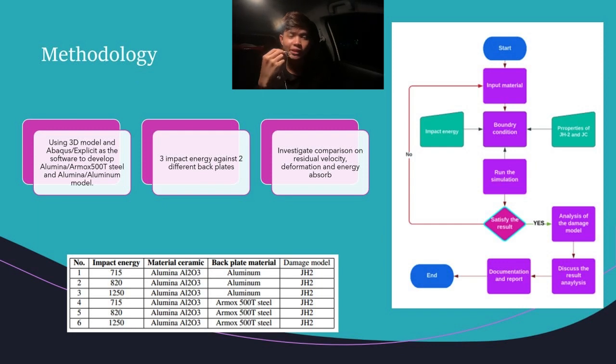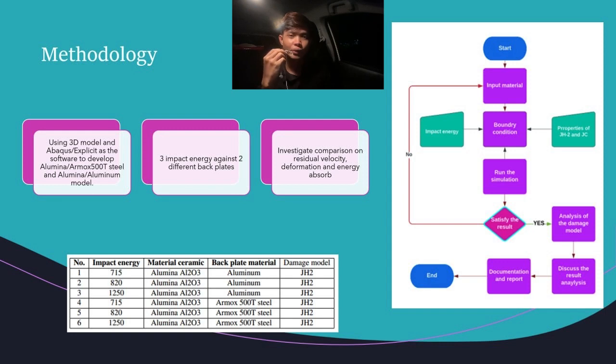The methodology for this project uses a 3D model and Abaqus Explicit as the software for the numerical simulation analysis. It is to develop an alumina with Armox 500T steel model and an alumina with aluminum model. There will be 6 simulations run, with 3 impact energies against 2 types of backplates.